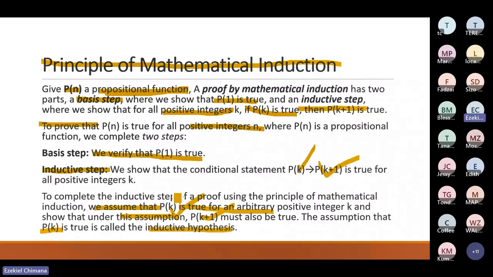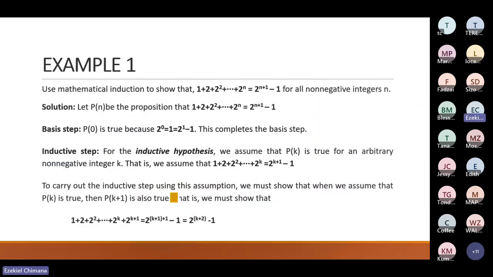So we've got this example, which says use mathematical induction to show that 1 plus 2 plus 2 squared plus up to 2 to the power n is always equal to 2 to the power n plus 1 minus 1 for all non-negative integers n.